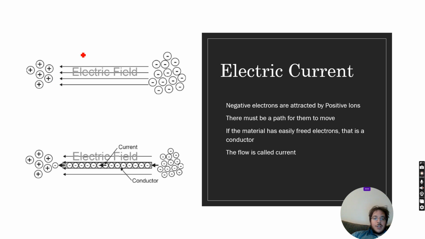And so if we've got a material where the positive is concentrated on one side and the negatives on the other side, we end up with an electric field. But if we have a conductor, so something that has electrons that can move easily, then current, the negative, can flow to the positive.